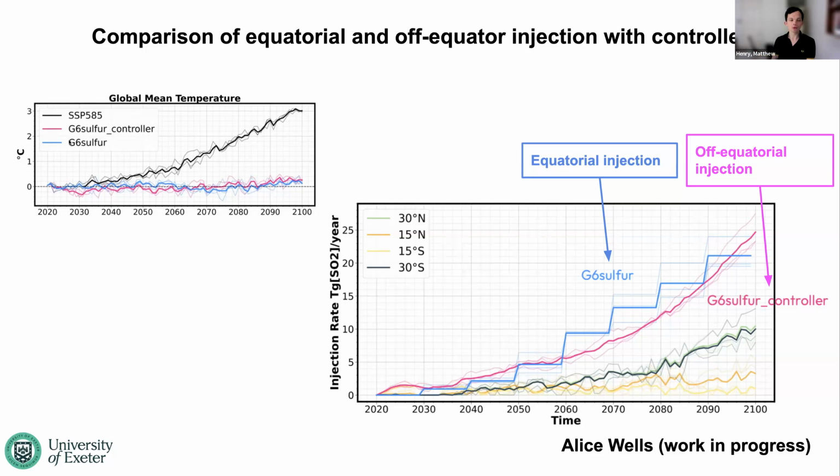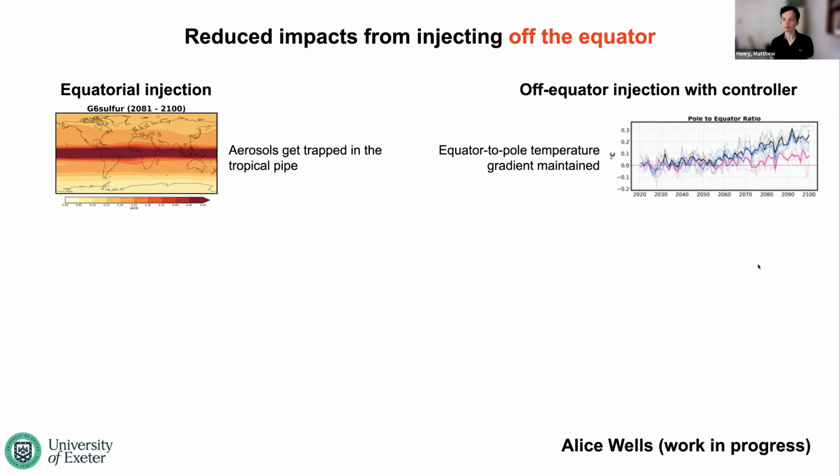One is the blue one, which is injection at the equator, and one is the pink one, which is the P6 sulphur controller, and that is injecting at these 4 different locations shown here, and the total injection shown in pink here. And so you can compare for the same scenario the relative benefits of injecting off the equator.